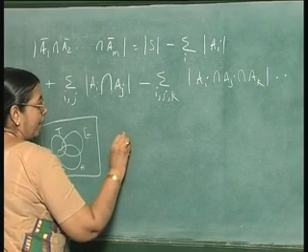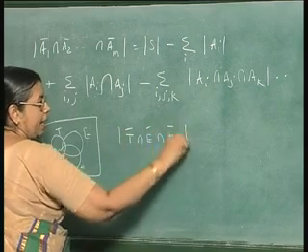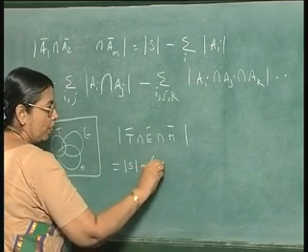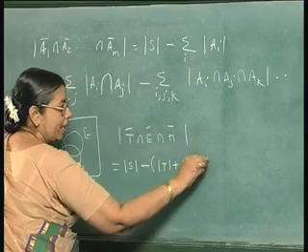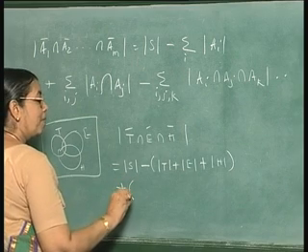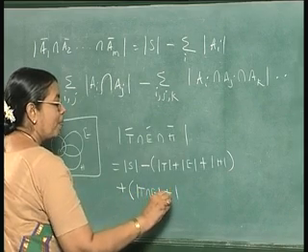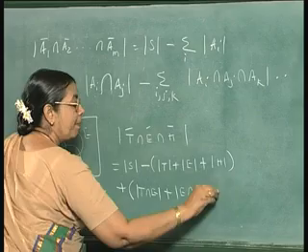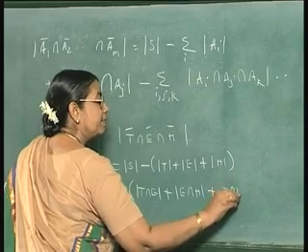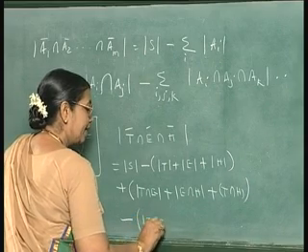The number of people who do not know Tamil or English or Hindi is equal to the number of people in the room, minus the number of people who know Tamil, the number who know English, the number who know Hindi, plus the number who know Tamil and English, plus the number who know English and Hindi, plus the number who know Tamil and Hindi, minus the number who know Tamil, English and Hindi.